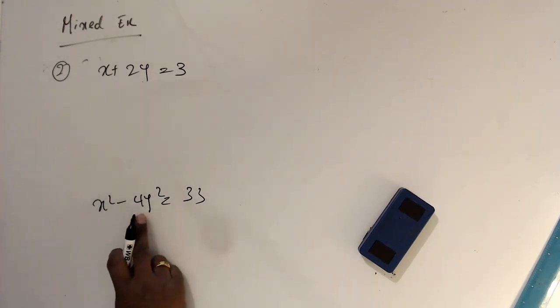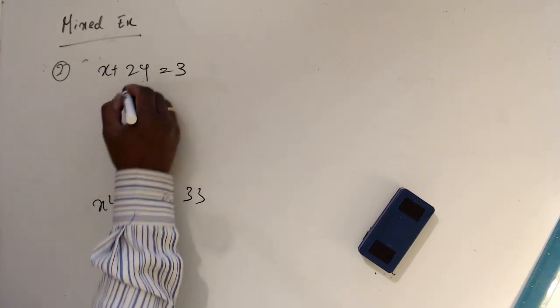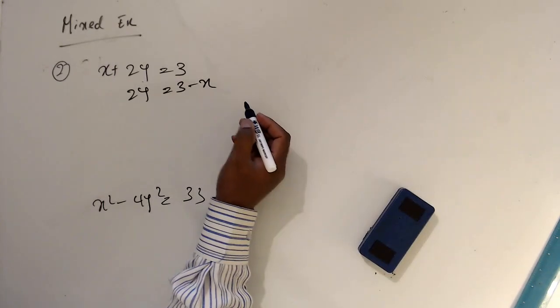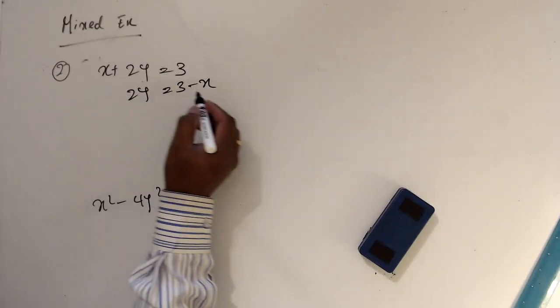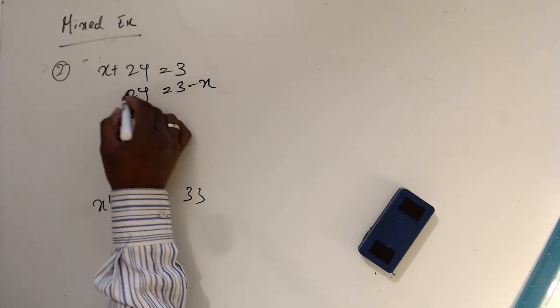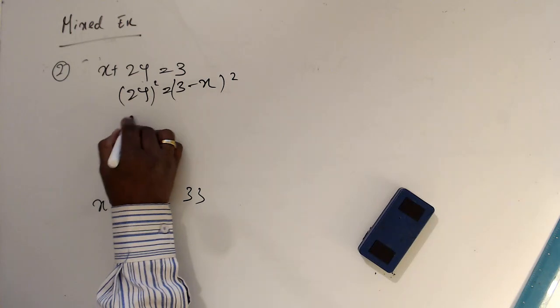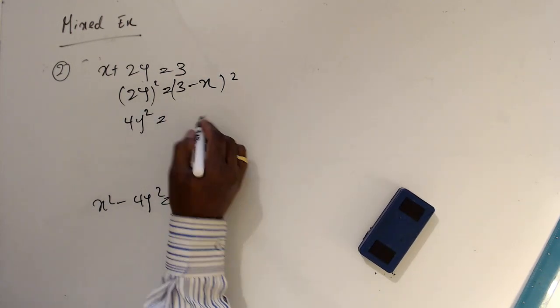Then if I square, I can make 4y squared here.